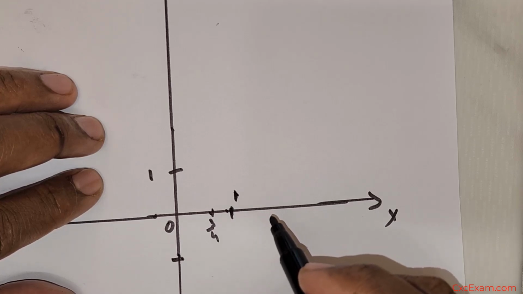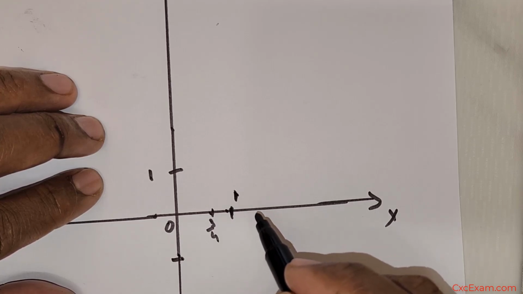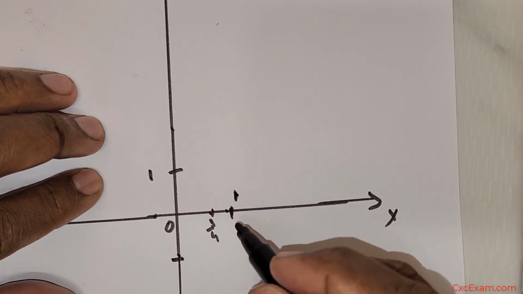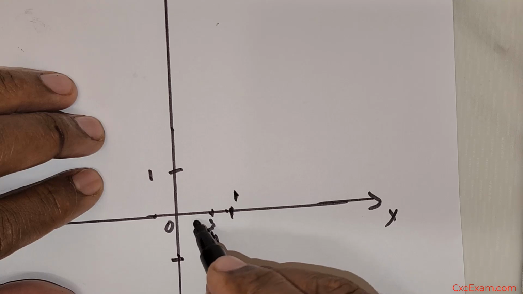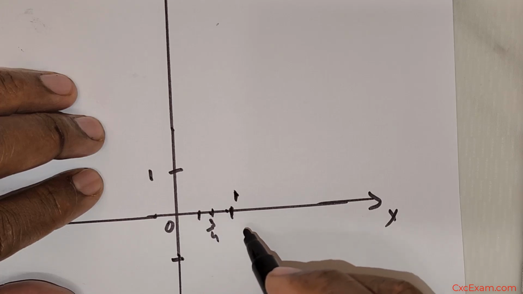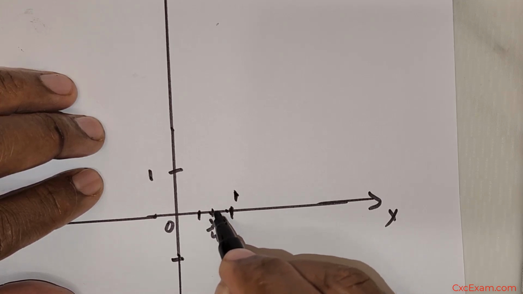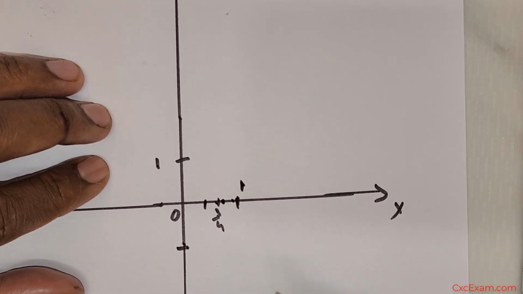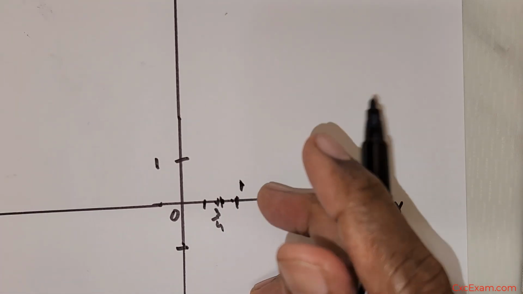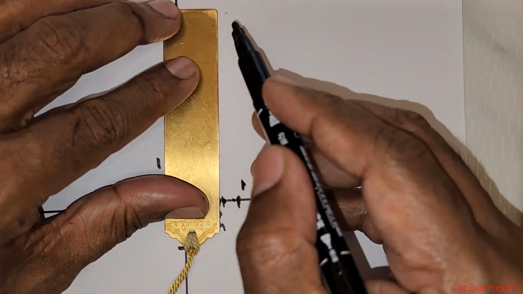And then x is equal to 0.5 is the next point. So 0.5 should be somewhere over here. Now probably this point should be centered. Okay, the axis of symmetry should be centered. So let me just draw the axis of symmetry.